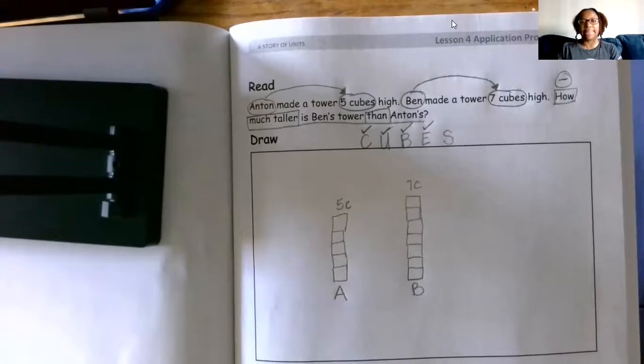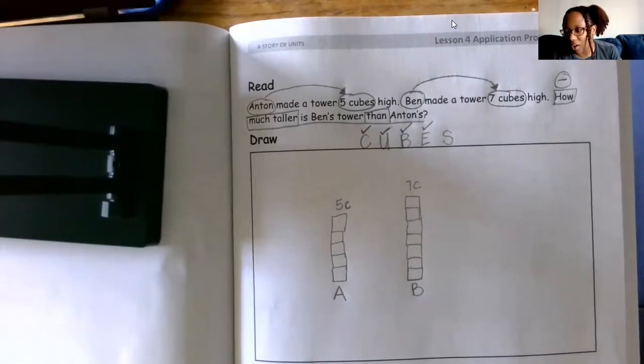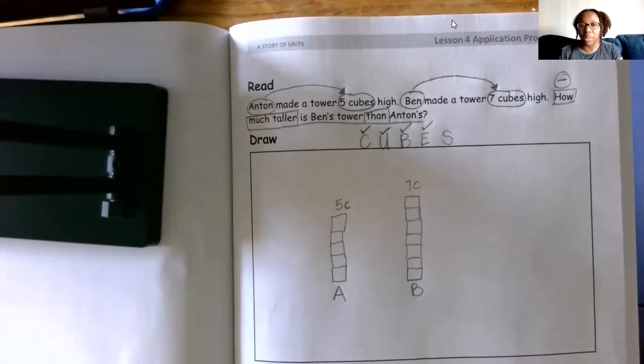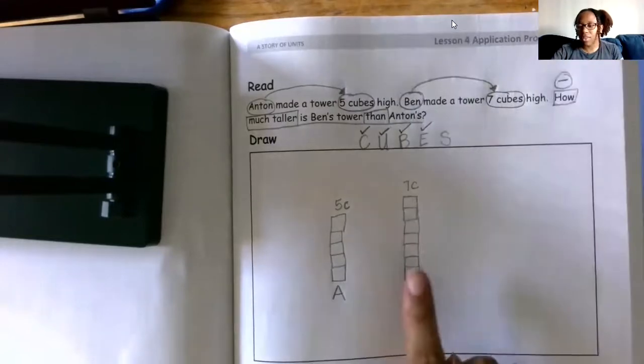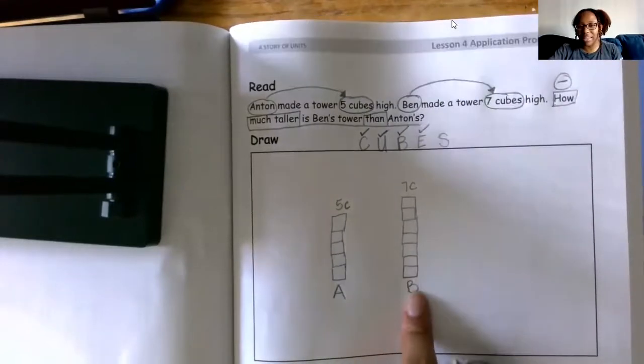what do I do next? Well, yes, I need a number sentence to help me solve. So looking at my picture now, I need to solve. I want to know how much taller Ben's tower is than Anton. So you want to know how much taller Ben's tower is.